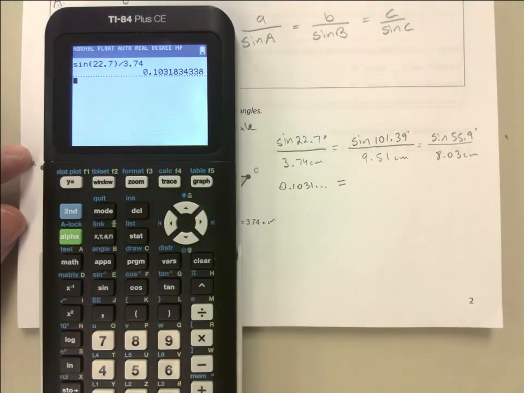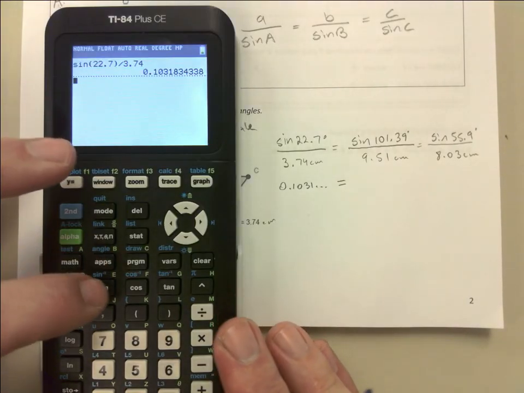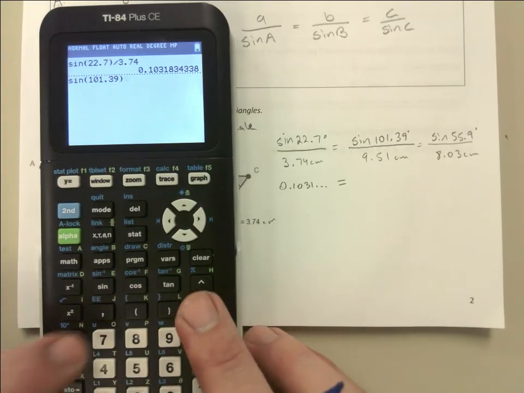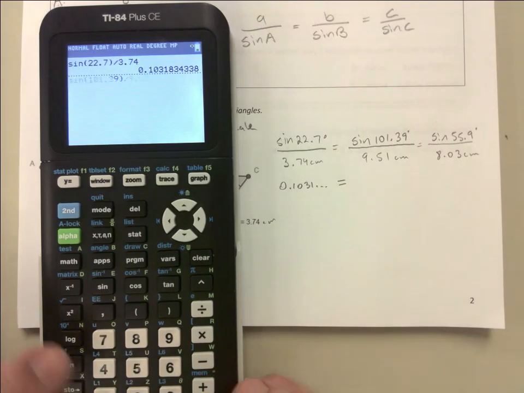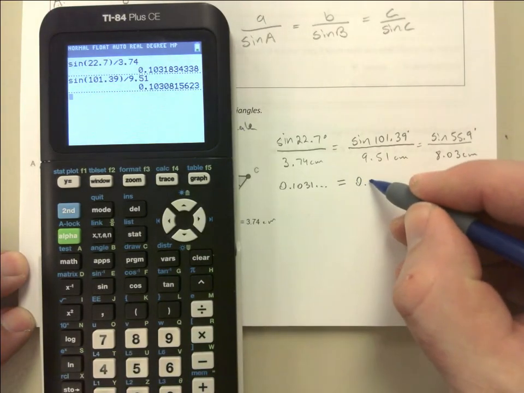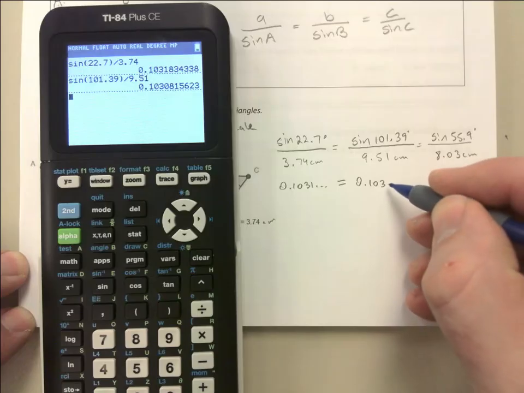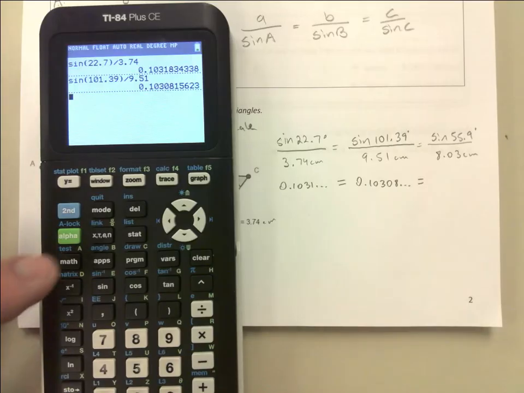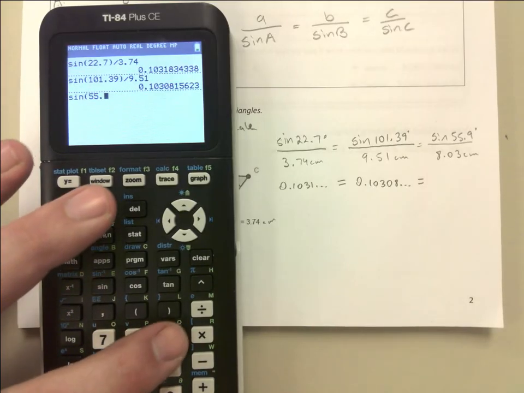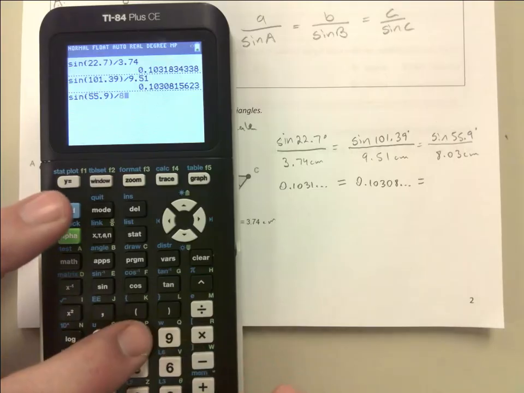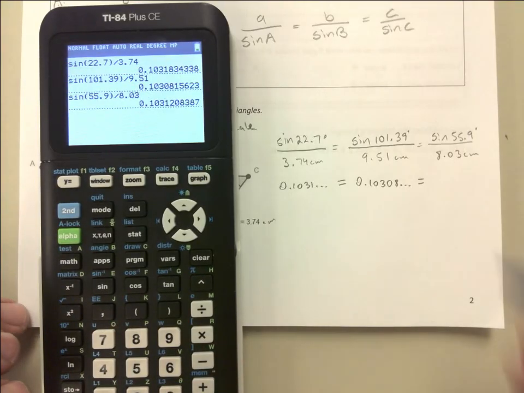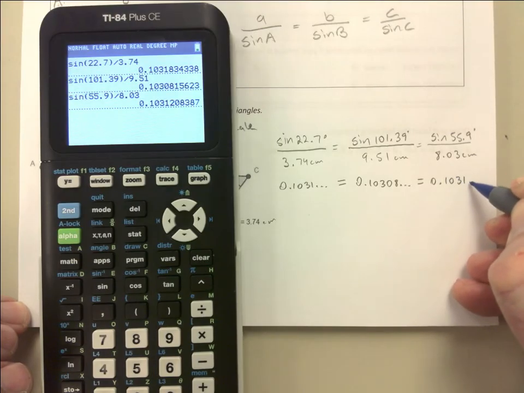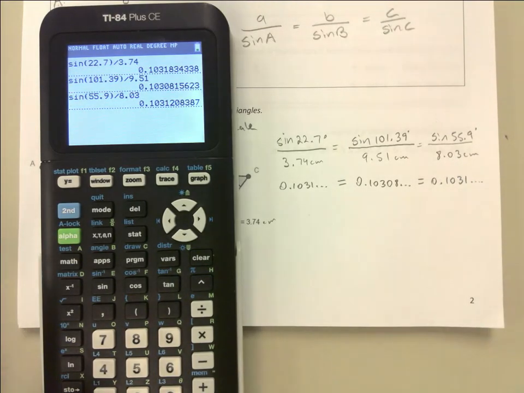That's supposed to be exactly the same as sine of 101.39 divided by 9.51, which is 0.10308. And then we take sine of 55.9 divided by 8.03, which is 0.1031 and so forth.